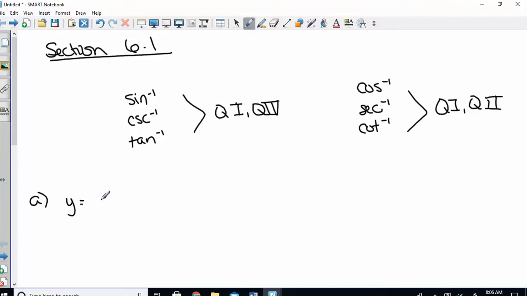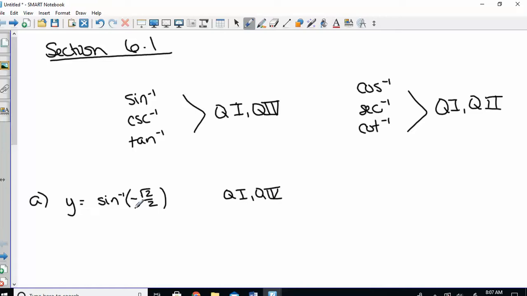So if I said y equals sine inverse of, let's say, negative radical 2 over 2. As soon as I see the sine inverse in my problem, then I know that I'm only dealing with half the quadrants. Sine inverse could be quadrant 1 or 4.